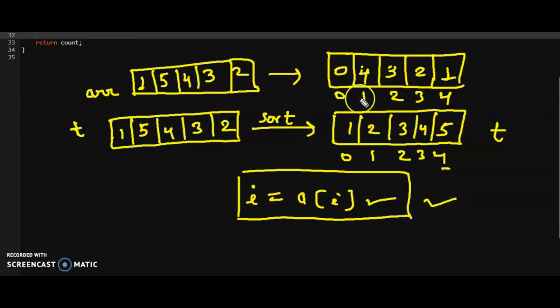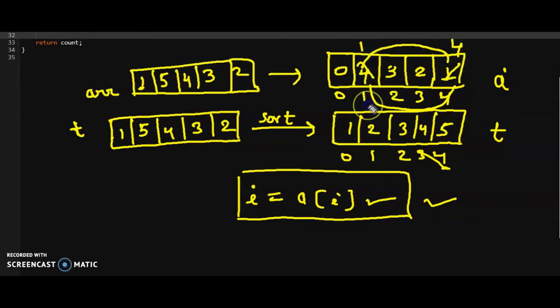As you can see, this is not matching. So we will check array A, this is array A, right? So we will check A of 4. A of 4 is 1, right? So we have to swap this with this element, and this will come here. So this will be 1 here, and this will be 4 here. As you can see, 1 and 1 are matching.